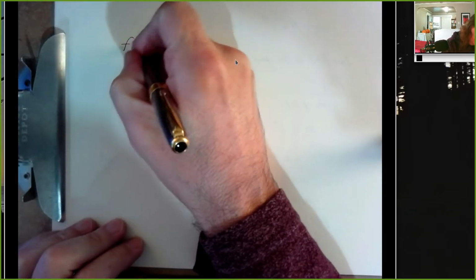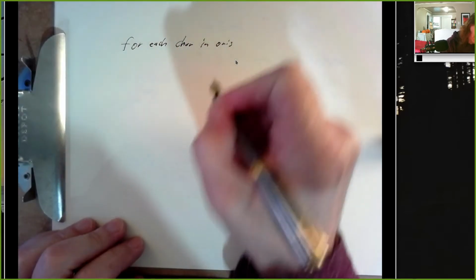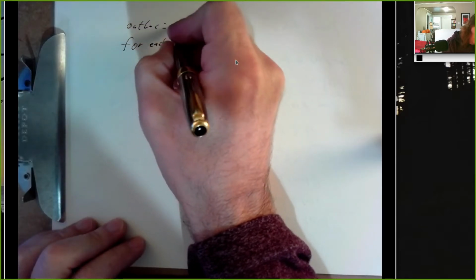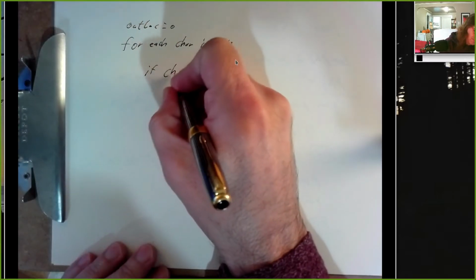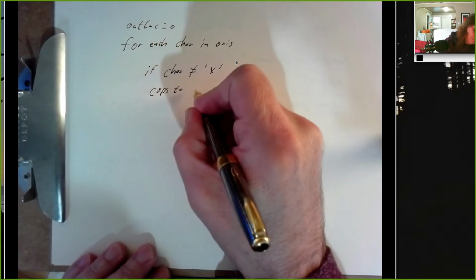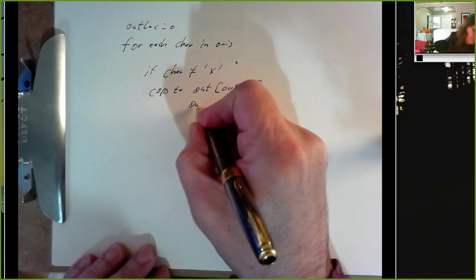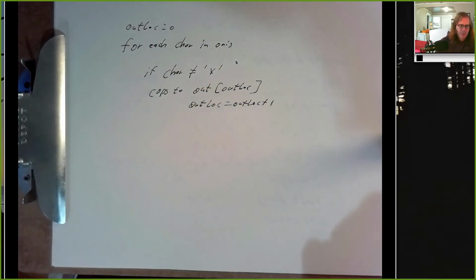All right, so let's code this out. For each character in the original, and let's have some output location, which we initialize to 0. For each character in the original, if the character is not an X, copy to the output, and then increment your output location.